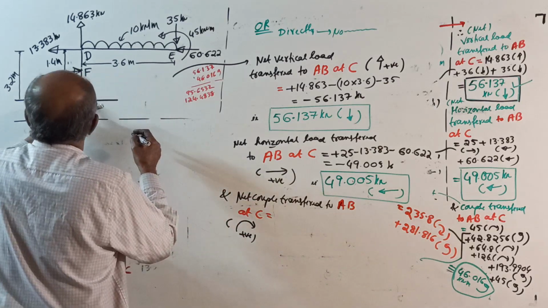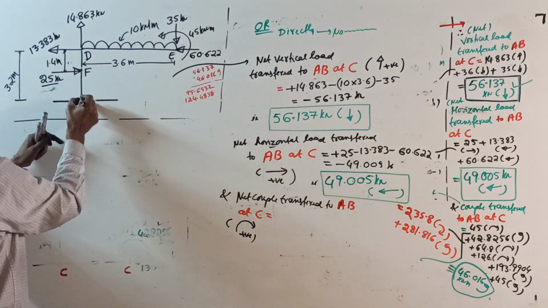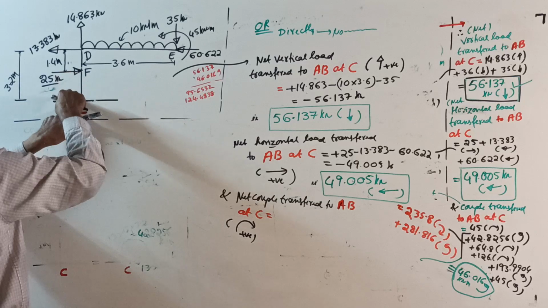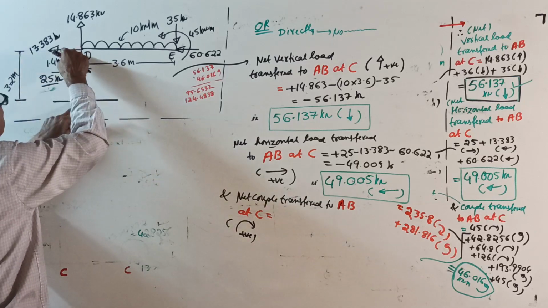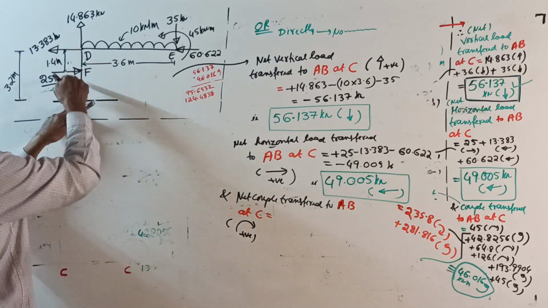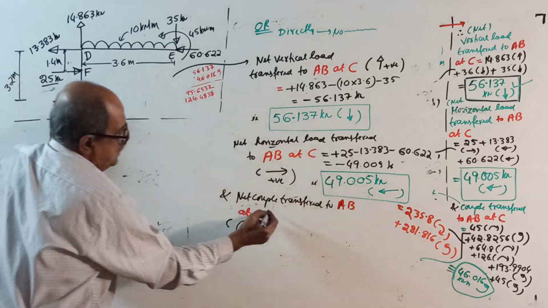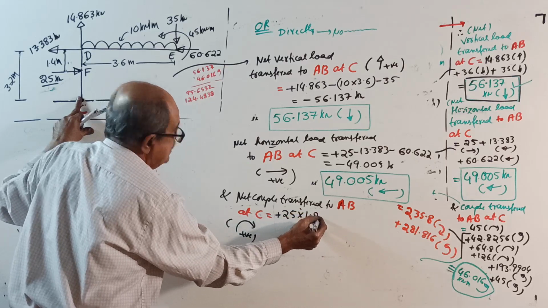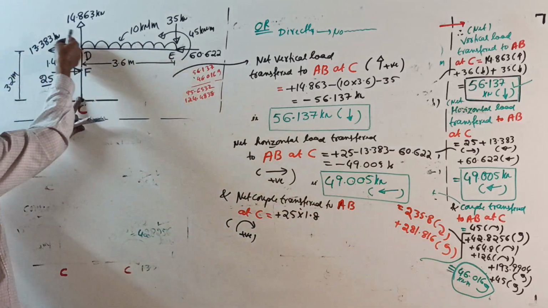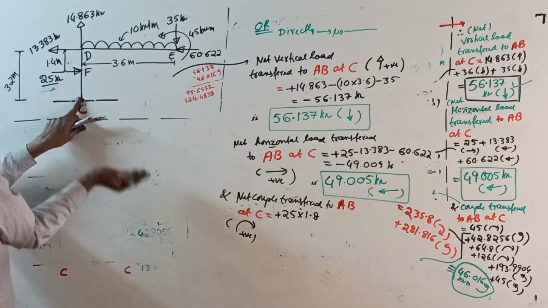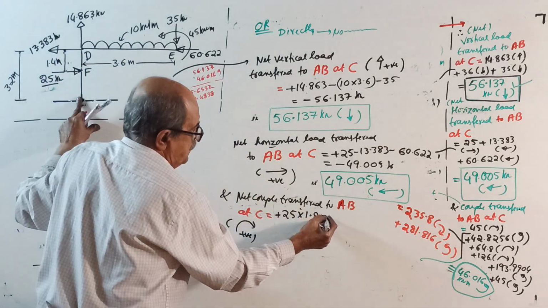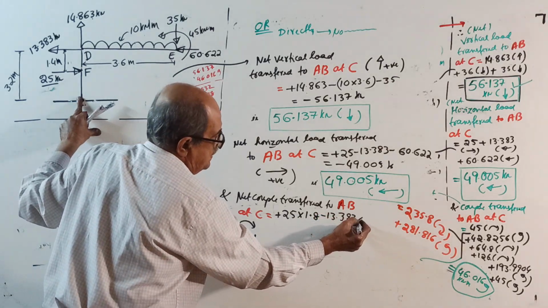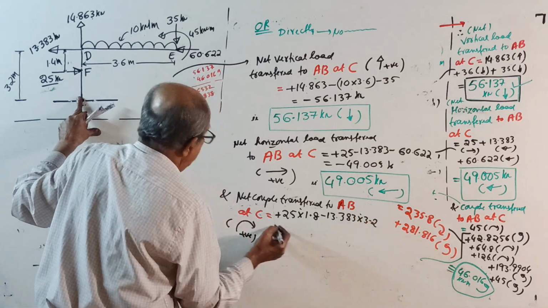Take moment about C. 25 into this distance, from 3.2 subtract 1.4, which is 1.8, clockwise, plus 25 into 1.8. 13.383 into 3.3 is anti-clockwise, minus 13.383 into 3.2.